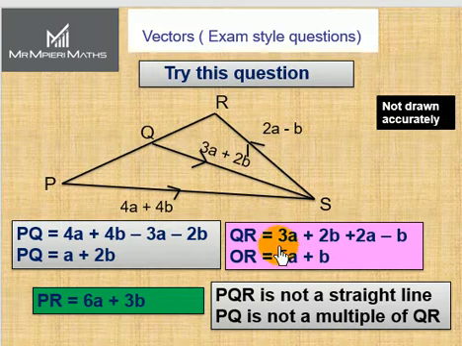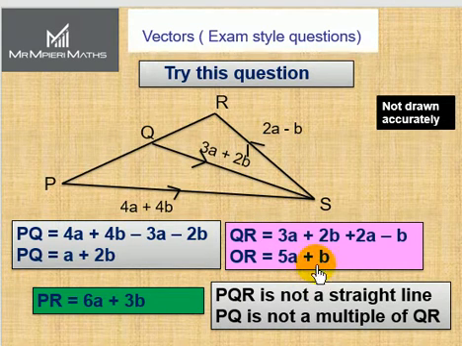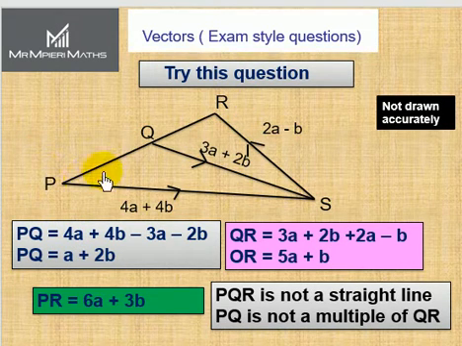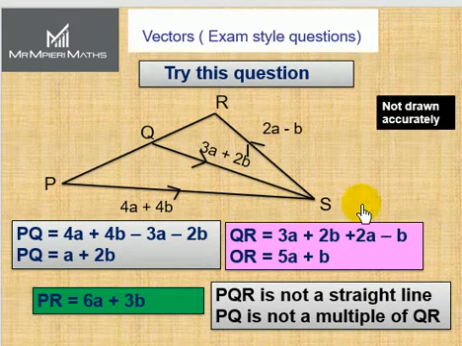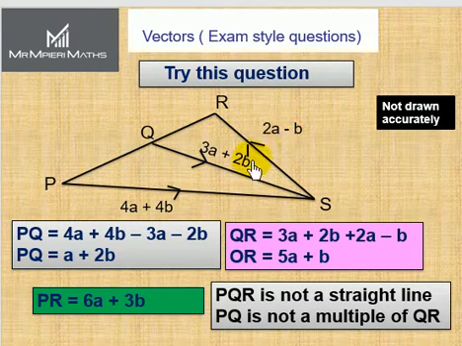So QR is 5a plus b. You can also find PR if you want to. That could be PS plus SR. Tidy them up: 4a plus 2a gives you 6a, 4b minus b gives you plus 3b.